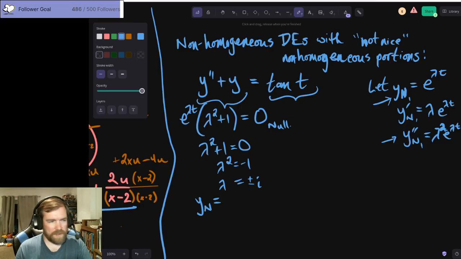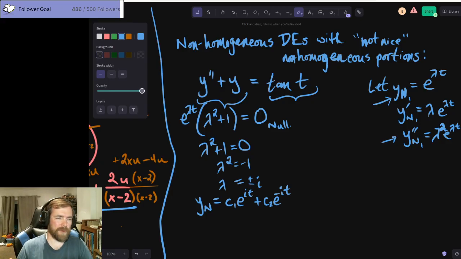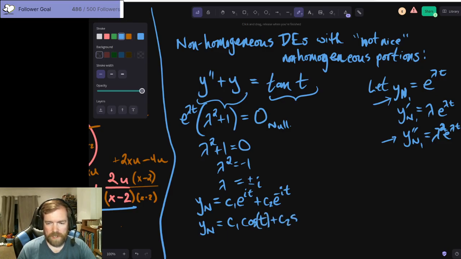This is going to get us a nice little null space. We've already done this stuff before, so we could go through the derivation, but I'm not going to bother with it too much. Again, this is going to be either in the form of c1 e to the it plus c2 e to the negative it, or the alternate form, c1 cosine of t plus c2 sine of t.